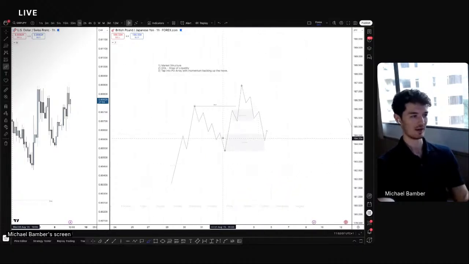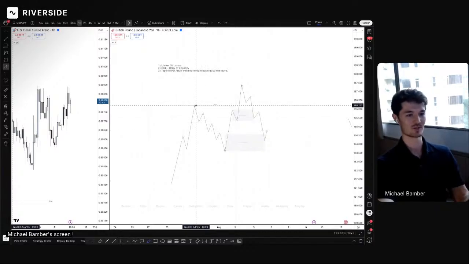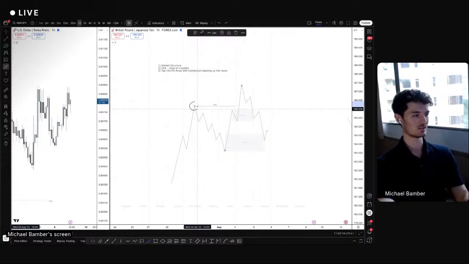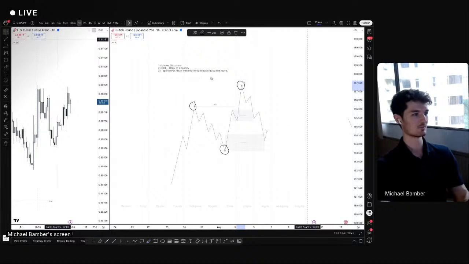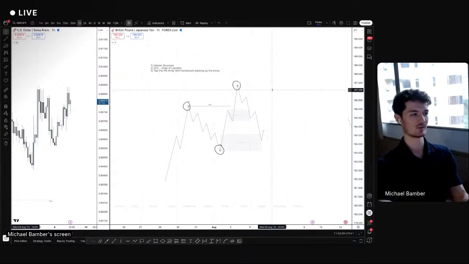Are we bullish or bearish? And how you identify that is one of the main simple concepts that you learn when you come into trading. Is the trend bullish or bearish? Are we forming higher highs, higher lows, higher highs? Or are we forming lower lows, lower highs, and lower lows, right? So keep it very simple. Once you've got that in play, then your next primary focus is identifying the draw on liquidity.